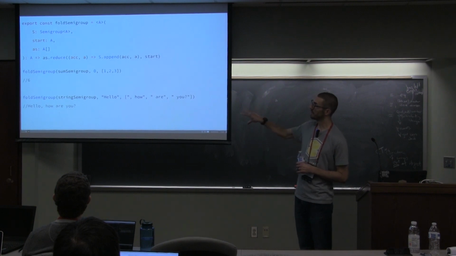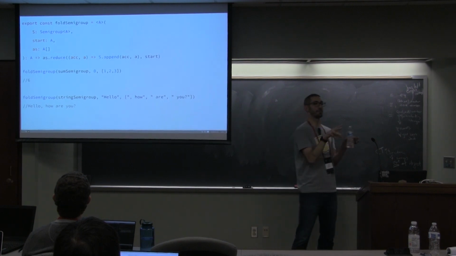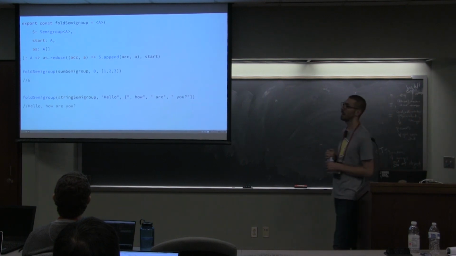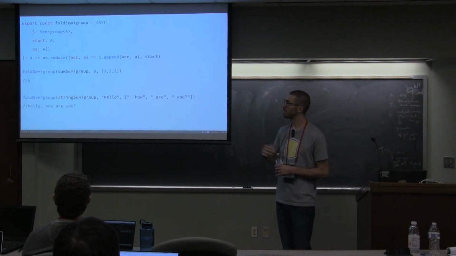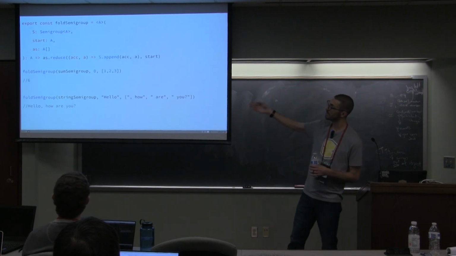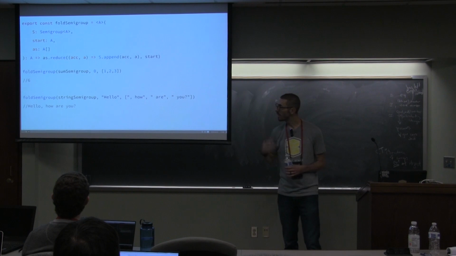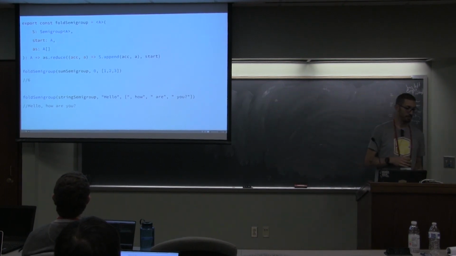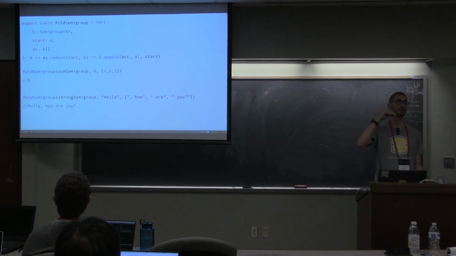I can start at my start value, and then pairwise combine all of the others as we go through. At the bottom, if we fold the semigroup using the sum semigroup, starting with 0, we sum the numbers 1, 2, 3, and we get 6. And then we can do hello, how are you? But we've written a generic way of abstracting over any semigroup that we can define.